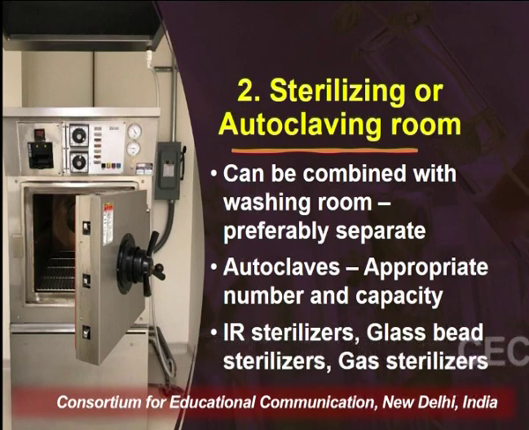Apart from autoclaves, you can also have IR sterilizers, glass bead sterilizers and gas sterilizers as per your requirement. Nowadays, automated autoclaves are there wherein you can feed the time limit and the pressure or temperature limits, and they switch off after the specified period of time, so that if you are autoclaving any plasticware, it is not exposed to elevated temperature and pressure conditions for longer durations.